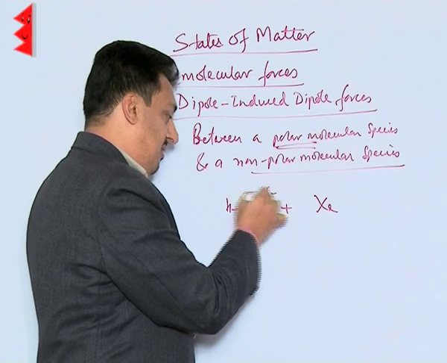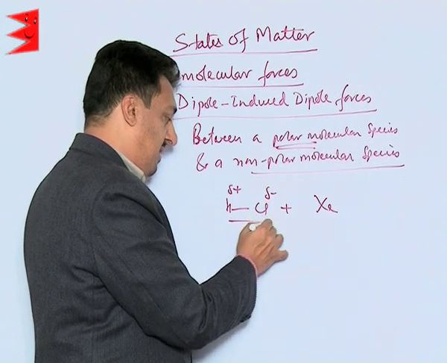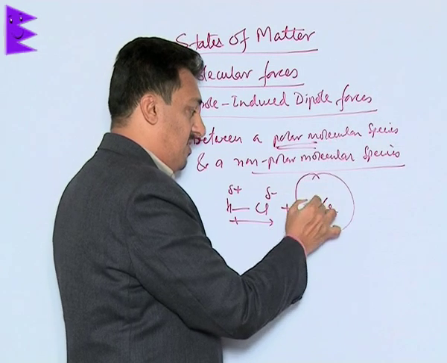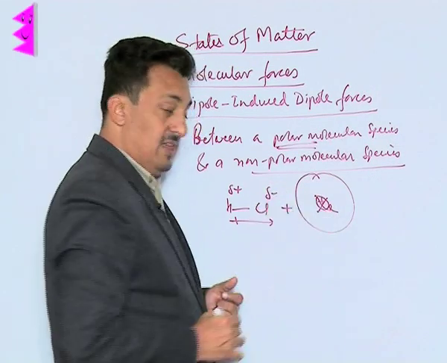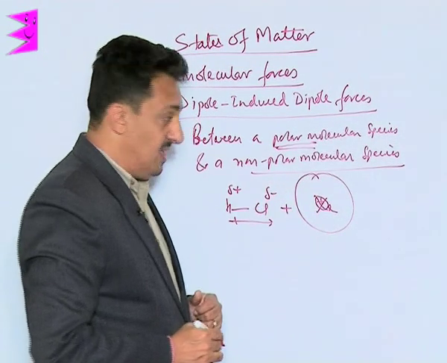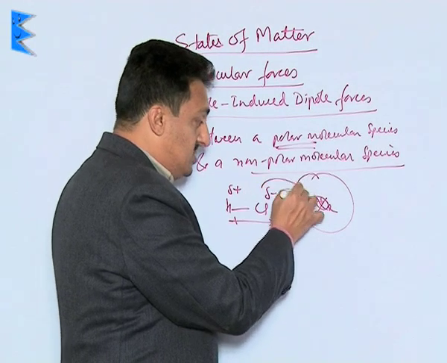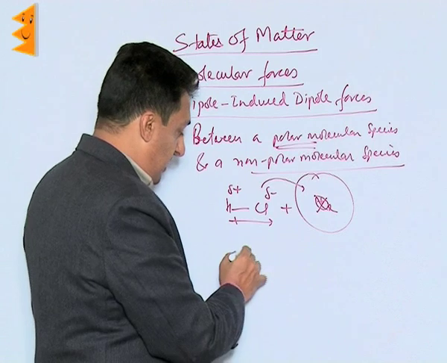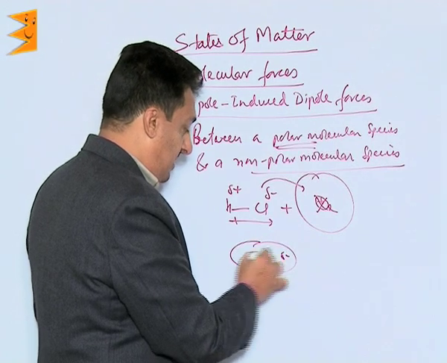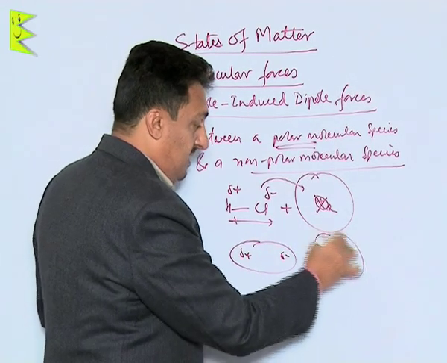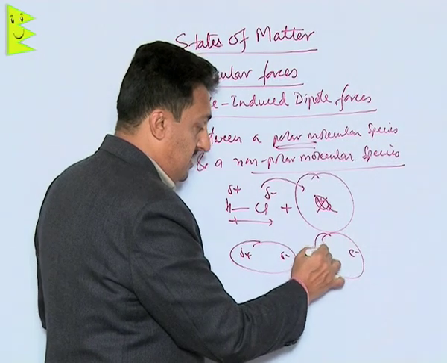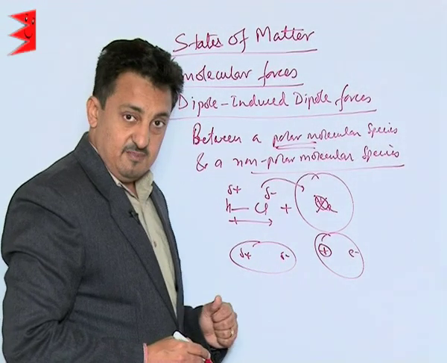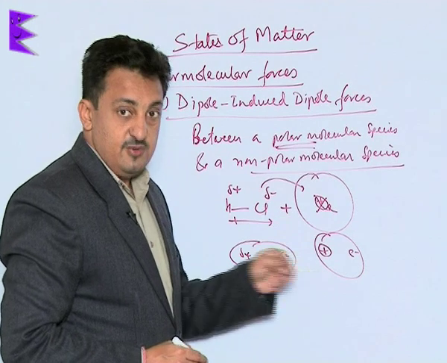Now the polar molecular species is already having a permanent dipole. Its dipole distorts the electronic cloud of the other non-polar molecular species like xenon, and induces a dipole moment in this non-polar molecular species. So this becomes your permanent dipole and this becomes your temporary dipole, instantaneous dipole, or the dipole which has been induced into it.